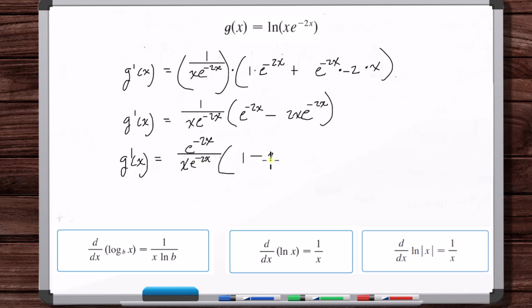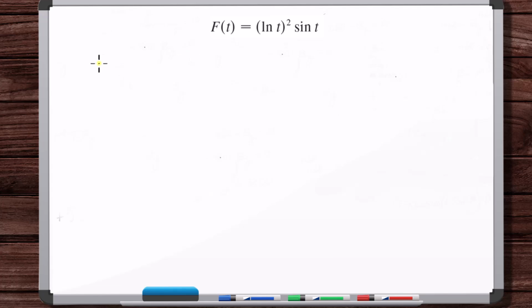One minus 2x. So these cancel, so we've got 1 minus 2x over x. And that's the derivative.